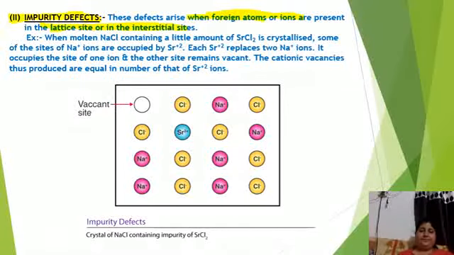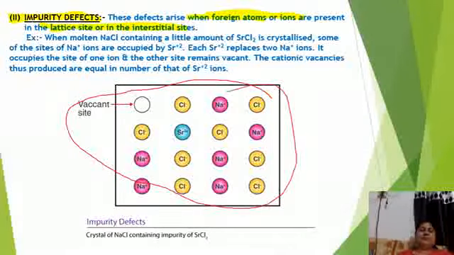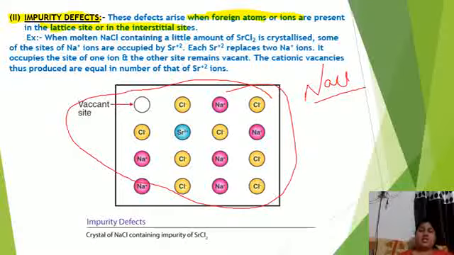For example, I have shown you over here, mostly they are sodium and chloride. It means I have taken a crystal of sodium chloride. Okay. In NaCl, what happens if I insert an impurity of strontium chloride?